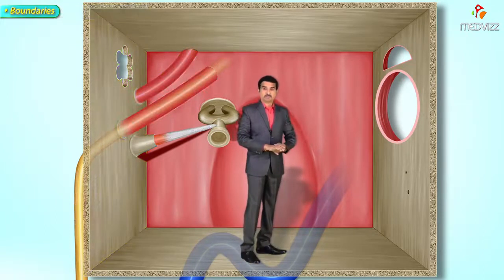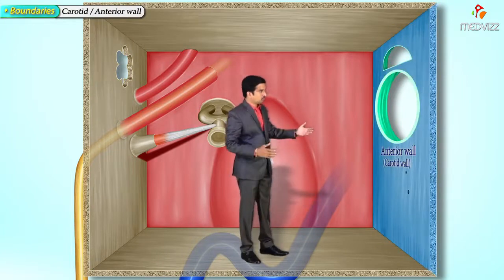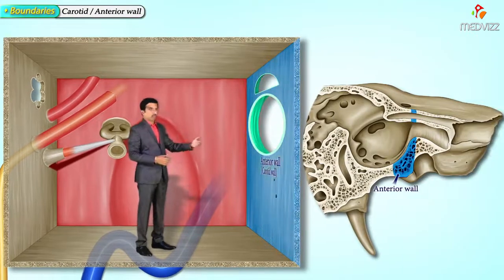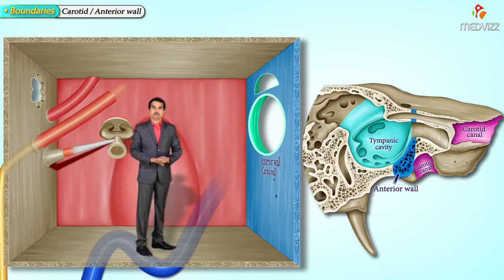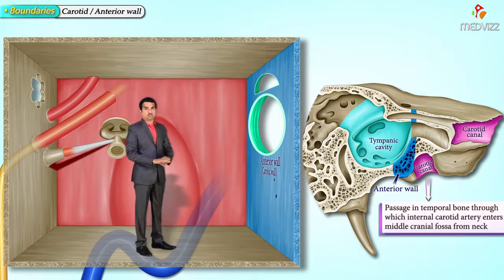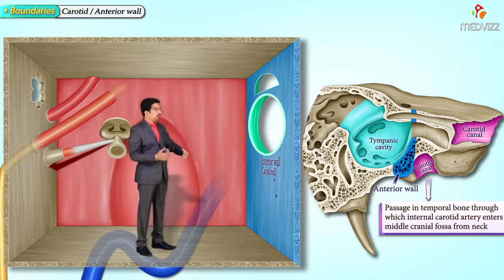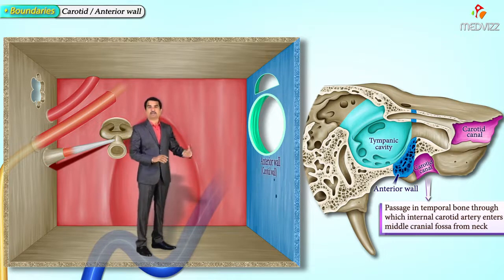At last, we have to discuss the anterior wall of the middle ear cavity, which is also called the carotid wall. This is the wall that separates the tympanic cavity from the carotid canal. So what is the carotid canal? It is a passageway in the temporal bone through which the internal carotid artery enters the middle cranial fossa from the neck.